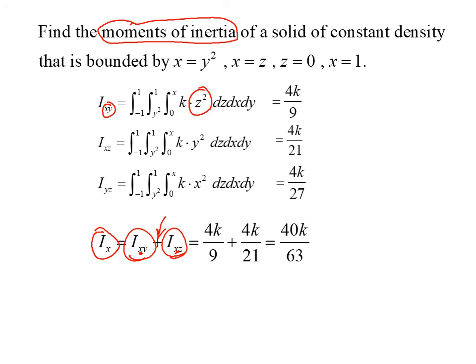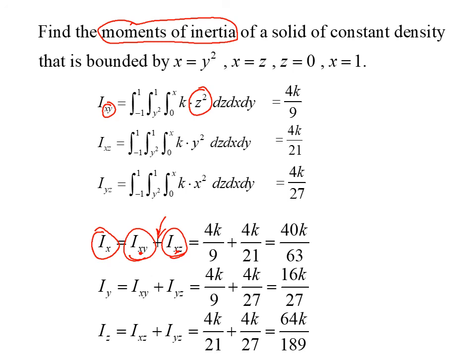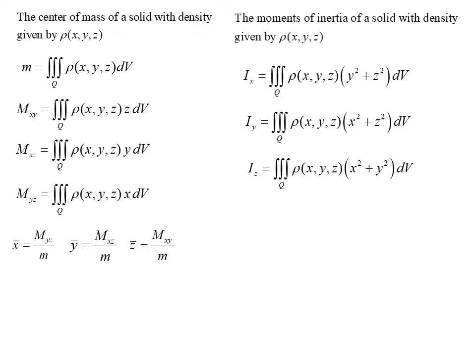Likewise, the moment of inertia about the y-axis would be the sum of all the second moments that contain y, which would be Ixy and Iyz. And finally, the moment of inertia about the z-axis is the sum of the moments of inertia all containing z's, which would be Ixz and Iyz. And as promised, here's a listing of all of the formulas that we just used.